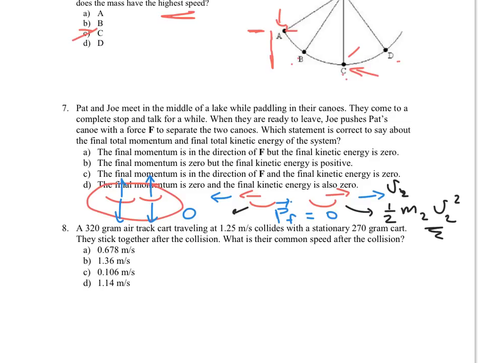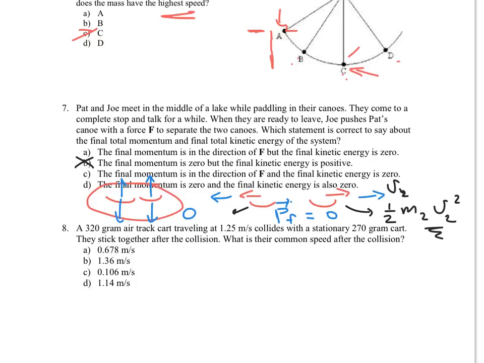So when you sum two positive numbers, the final kinetic energy is positive. It cannot be zero. So you know the final momentum is zero and the final kinetic energy is positive. And if you go through all of the possible answers, the one that fits would be B. Final momentum is zero, but final kinetic energy is positive.